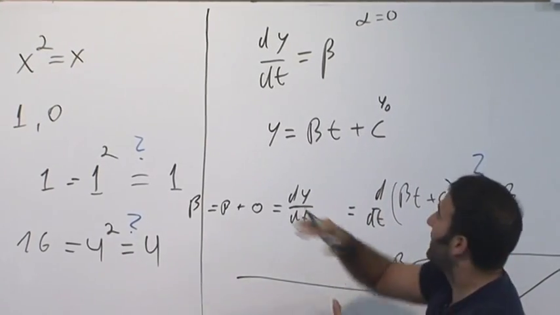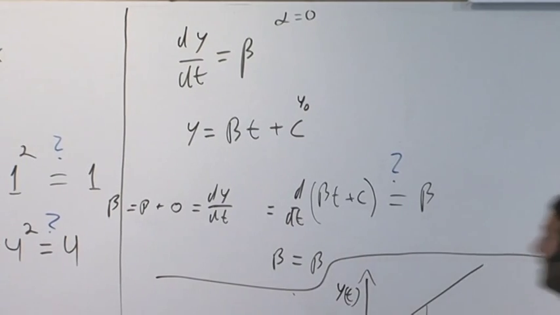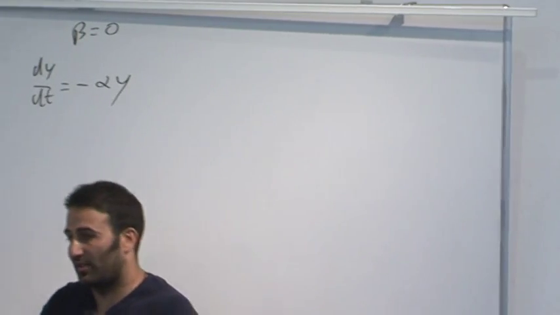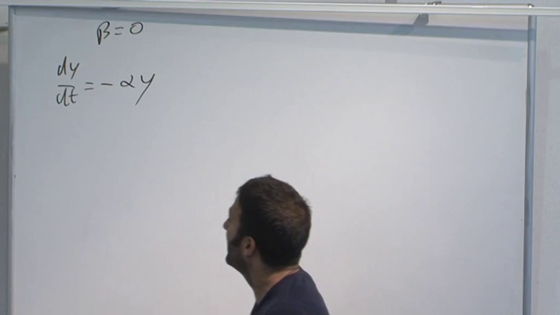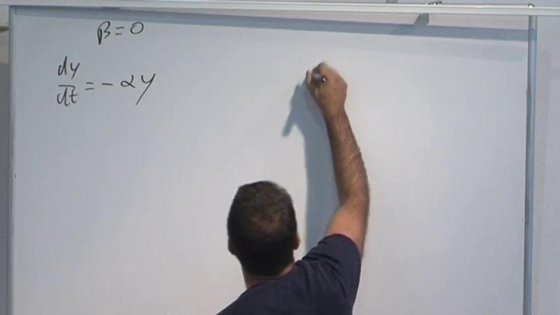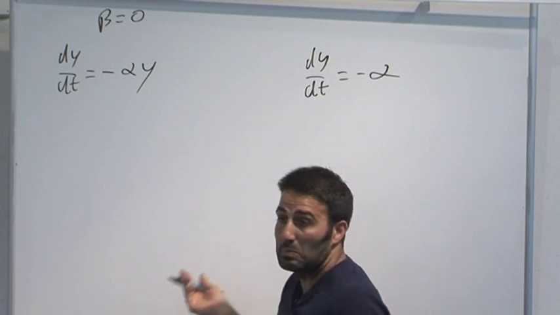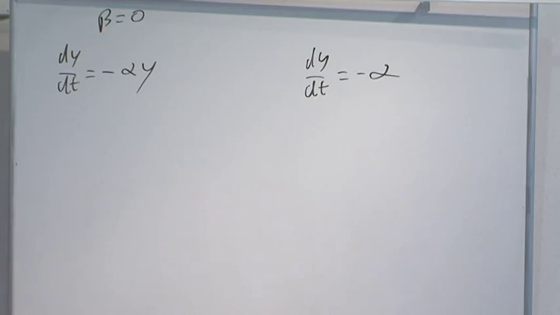That means the differential equation is dy over dt equals beta, right? If this is the degrading term, which determines how fast the protein will disappear, will be broken into parts, why not just write dy over dt equals minus alpha? Why do we have y here and we didn't have y here?